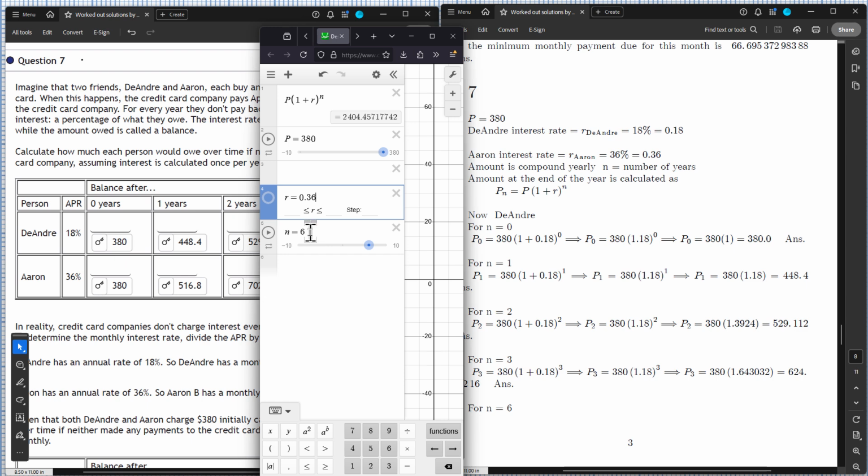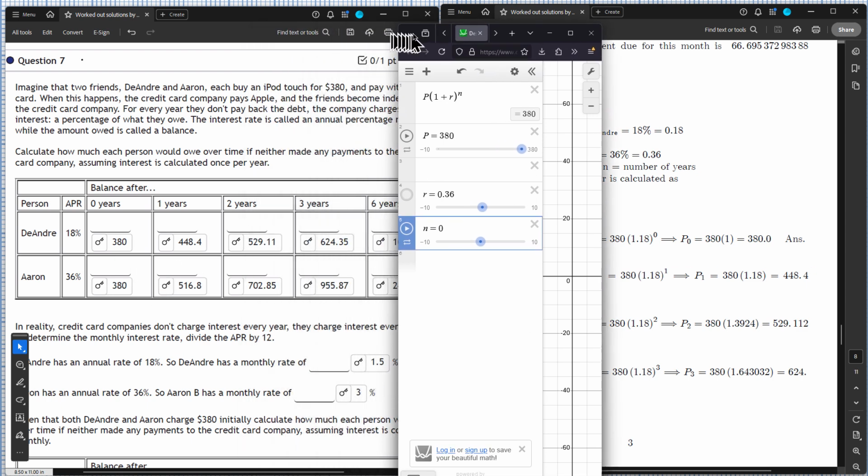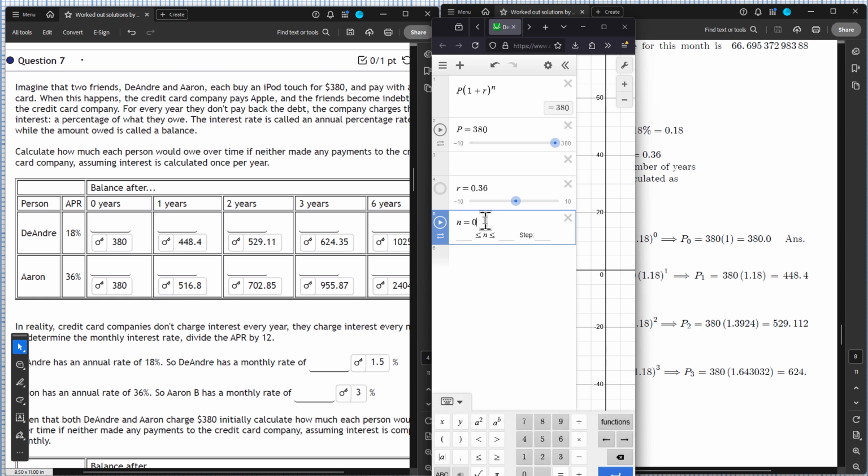I'll let n be 0 for now. For his first year, it's 380. Then I let n equal 1, and we end up with 516. Then I let n equal 2 and end up with 702 here.